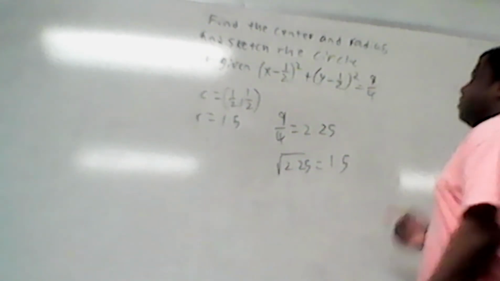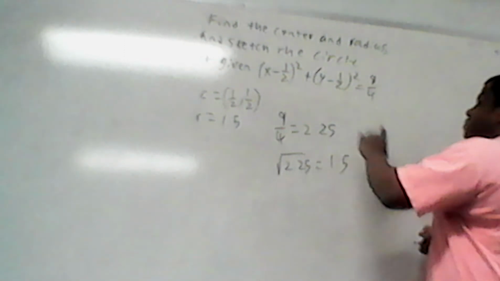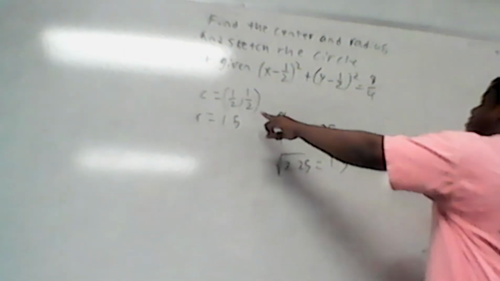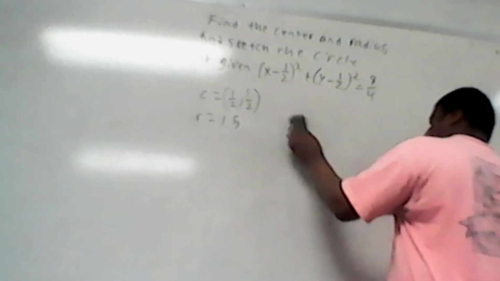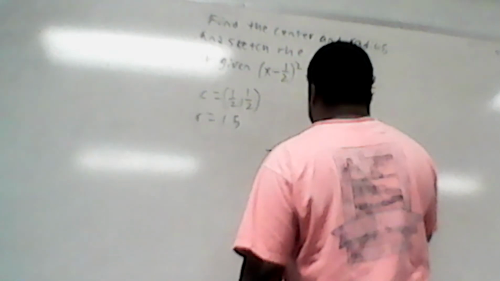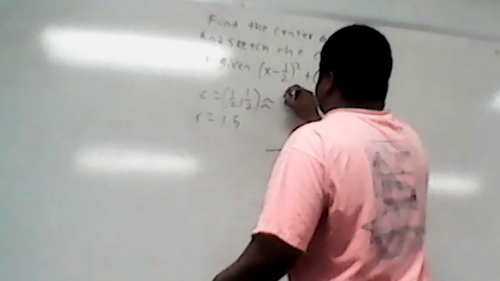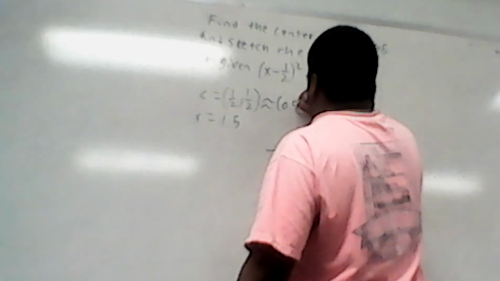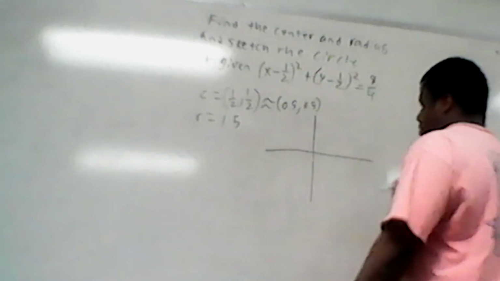So the last part of this question asks me to sketch the circle once I've found the center and the radius. So I'm going to try to sketch the circle here. I'm going to make a Cartesian plane, and then it's pretty small, but I can turn this into 0.5, 0.5, and then let's see what I can do.